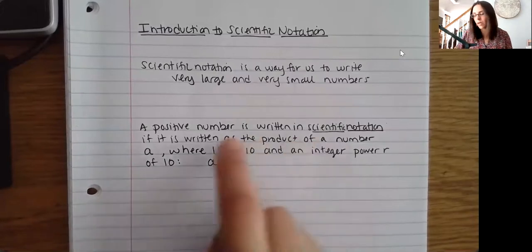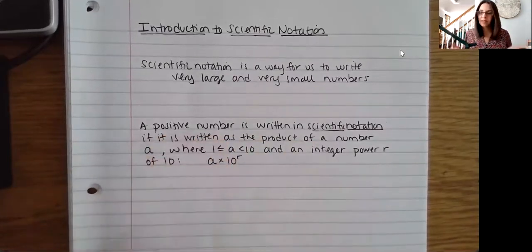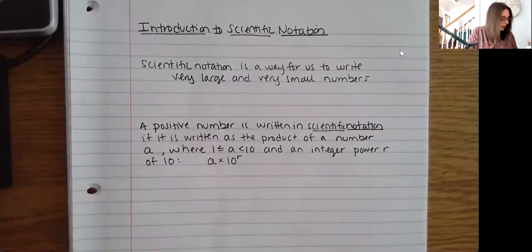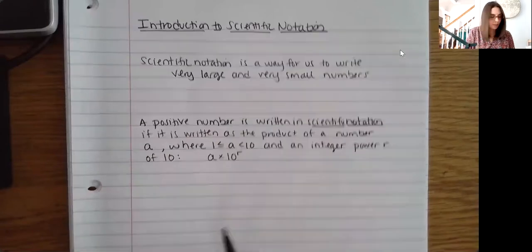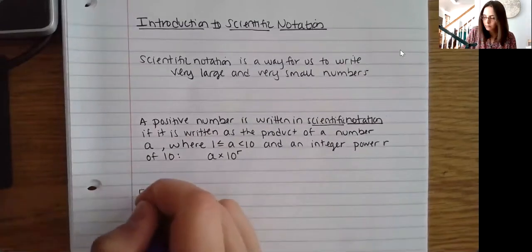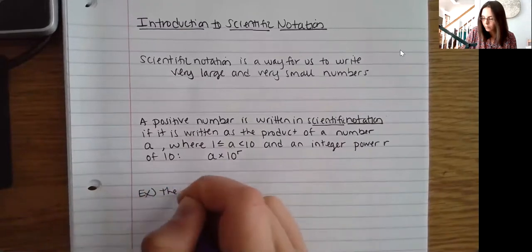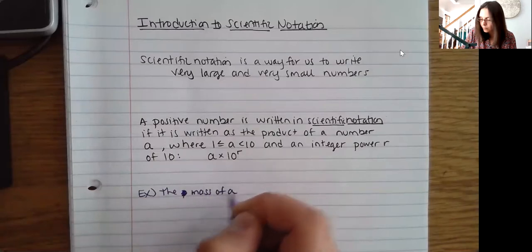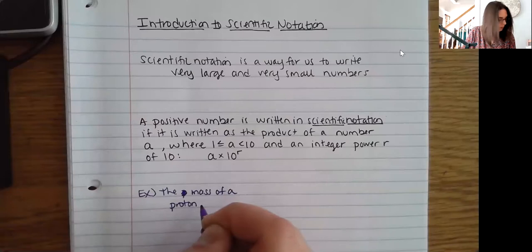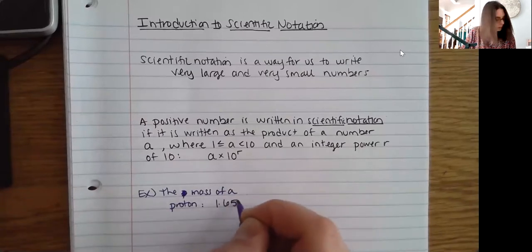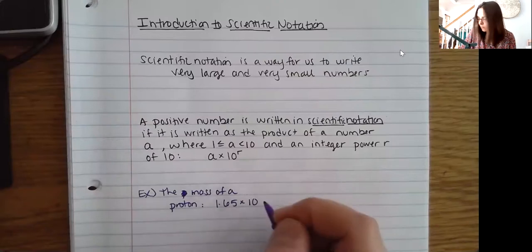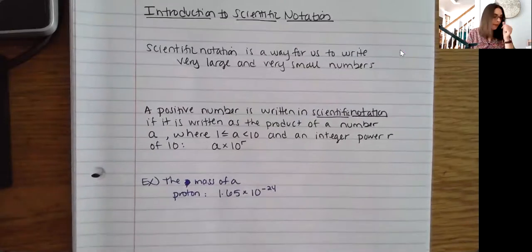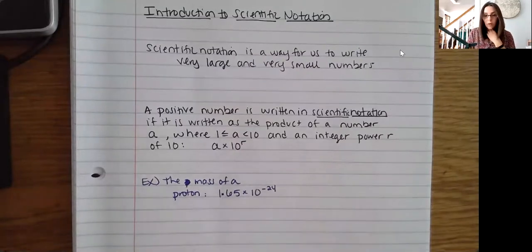And now, your definition says it's a positive number A, but it works the same way for negative numbers. So you could also do negative numbers here as well. Okay. So for examples, we can write the mass of a proton as 1.65 times 10 to the negative 24.